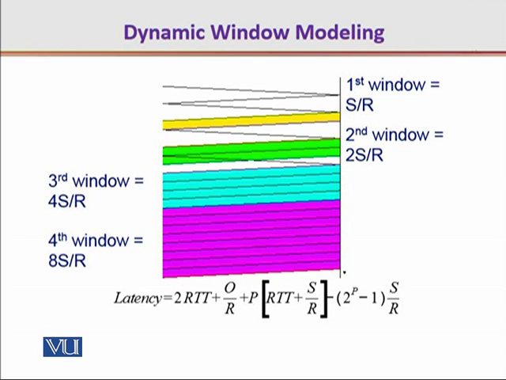Using basic mathematical manipulation and proper representation of various parameters, the latency has been shown in the book to be twice the round trip time plus the object download time plus a factor P that we see new here times [RTT plus S divided by R] minus [2 to the power P minus 1] times S divided by R. Here, what we observe is this new factor P introduces a multiplier to the expression of RTT plus S by R and increases the latency considerably.